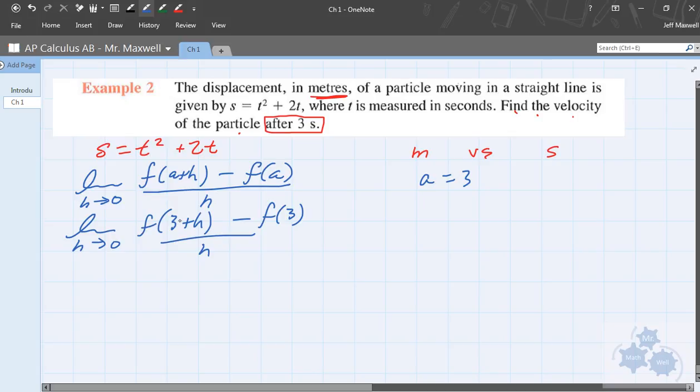All right, we're going to substitute all this stuff in here. It might be a good idea to figure out f of 3 right now. So f of 3 is 3 squared plus 2 times 3, which is 9 plus 6, or 15. Is that agreed? So that's what's going to go in here.